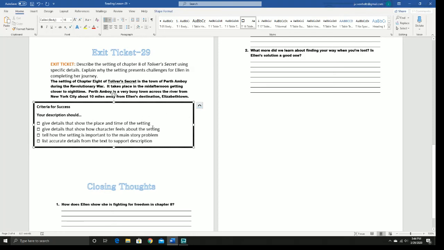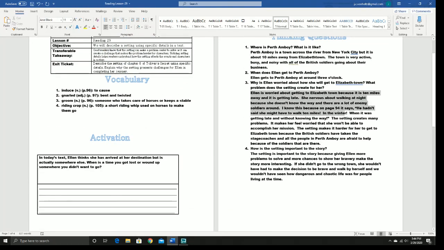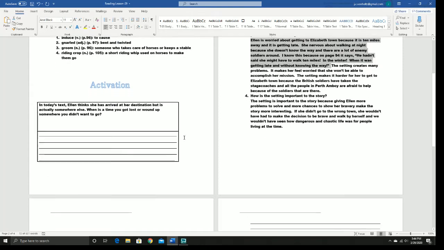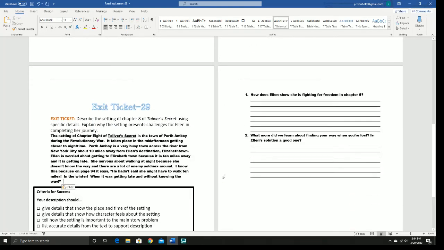Okay. Give some details about how the character feels about the setting. It's what we talked about here, right? She's worried. And this is our evidence. So we can actually just write the same thing here. Paste it. And just so you know what was written, Ellen is worried about getting to Elizabethtown because it is 10 miles away and it's getting late.